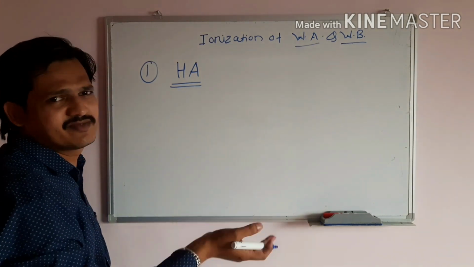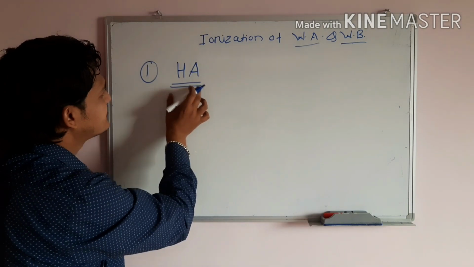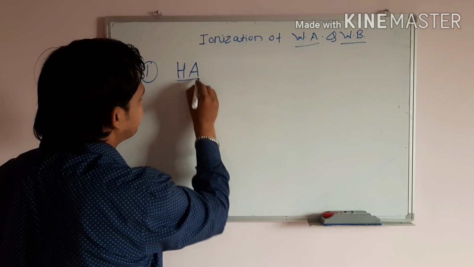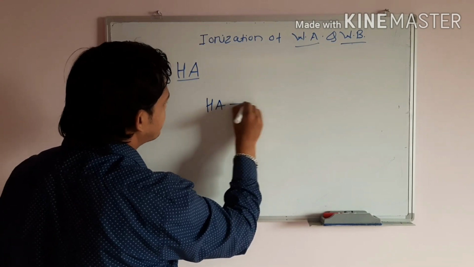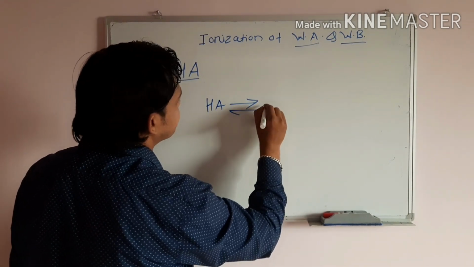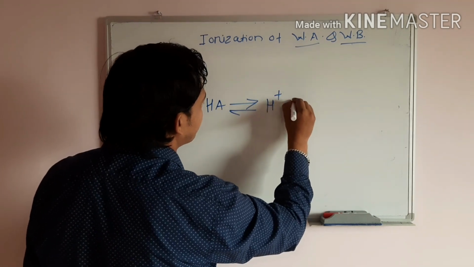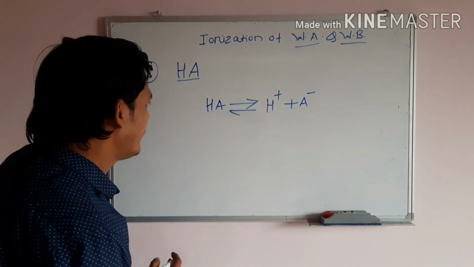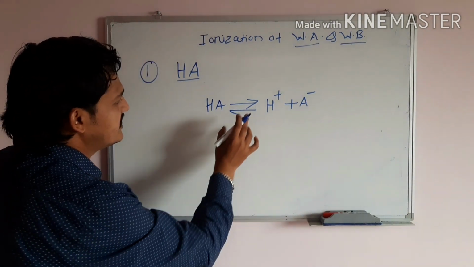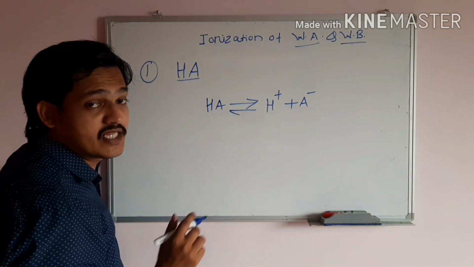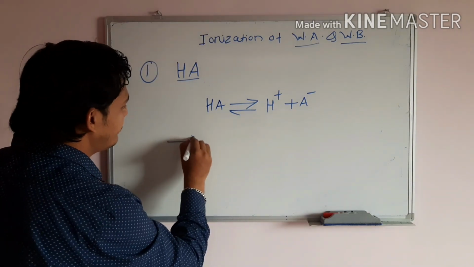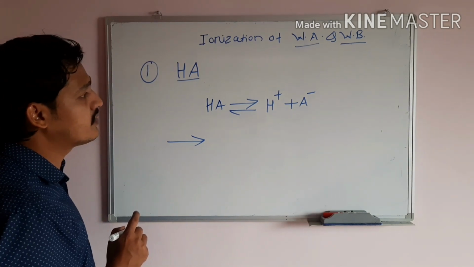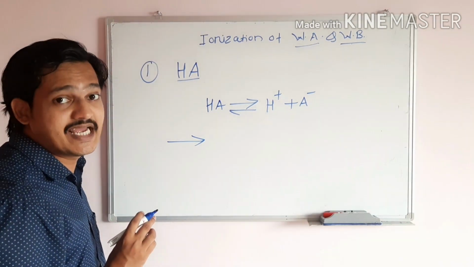Solutions contain hydrogen and give H plus ion in their aqueous solution. So HA. Consider weak acid HA. It dissociates as H plus plus A minus. So these are the weak electrolytes. The point to remember is that a strong electrolyte is irreversible; only one direction is possible. A reversible reaction is not possible because complete dissociation of the reactant takes place.